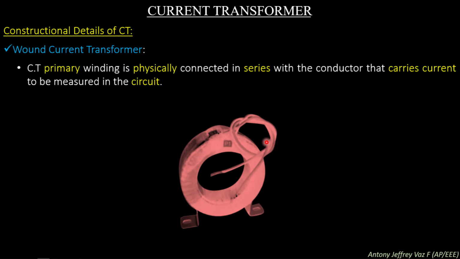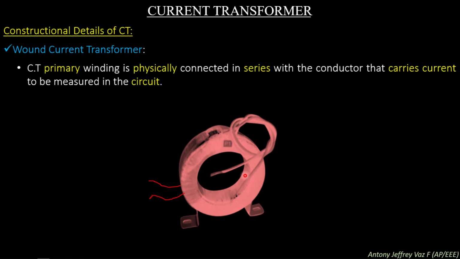Here you can see the primary winding on one side, and in the back side of the current transformer you can get the secondary winding. This primary winding present over here will be connected physically in series with the conductor that carries the current.